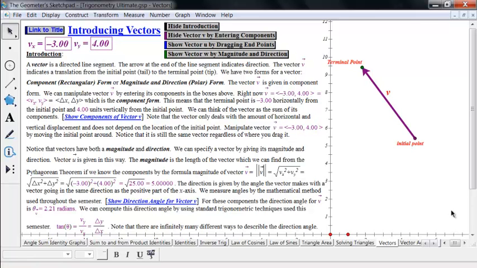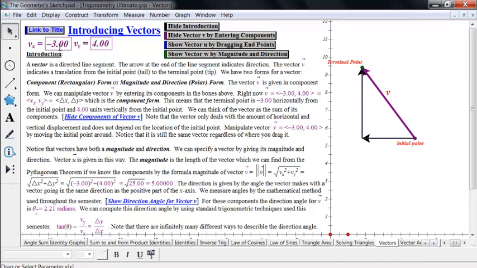It's the change in x going from the initial point to the terminal point. How far do we change horizontally? And then the y component, v sub y, or just y, is really delta y. It's how far we change in y. And we can think of this vector as actually the sum, as we'll see in a later video, of two vectors. One is going left or right, and the other is going up or down.